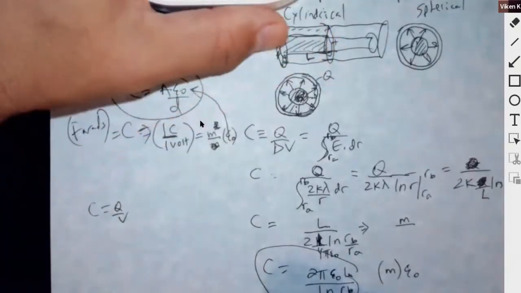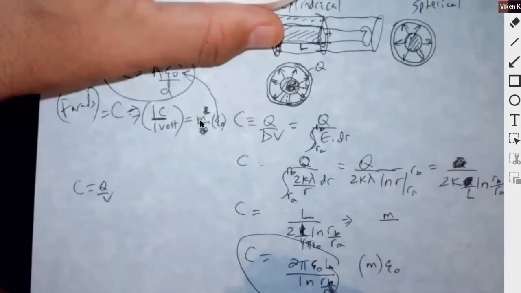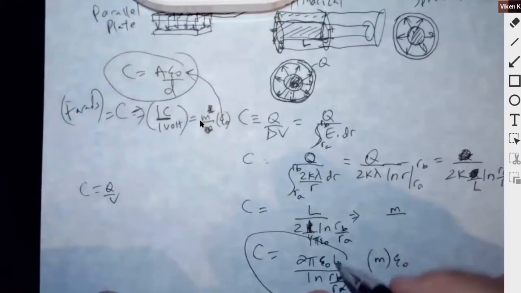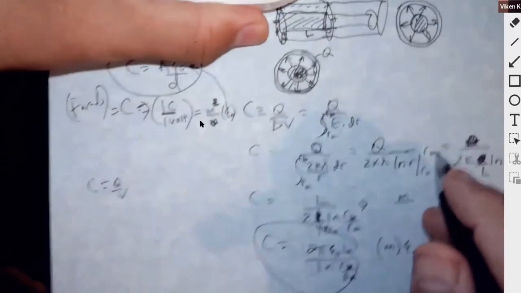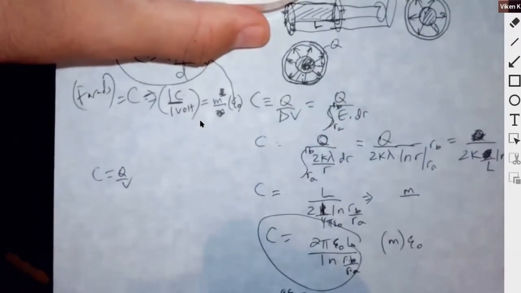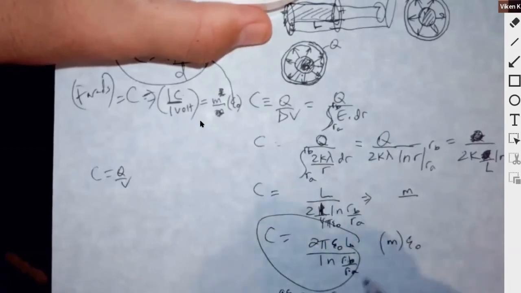How about this part? Does that make sense? The radius being closer. Okay, so the closer that this radius is to this, right? The closer they are, their ratio is going to be closer to 1. What's ln of 1? You see? So as RA approaches RB, then ln of their ratio approaches zero, right?